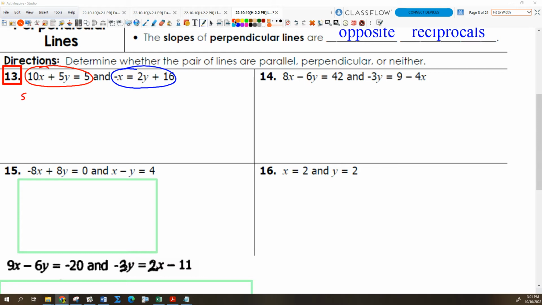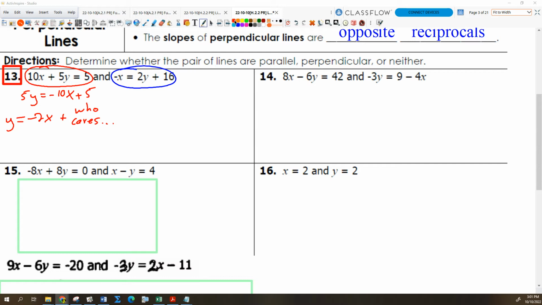So we end up with 5y equals -10x plus 5, and then what? Divide by 5. And I get y equals what? -2x plus, who cares? Do we even care what the y-intercept is? We really don't care, do we? All we need to know is what the slope is.